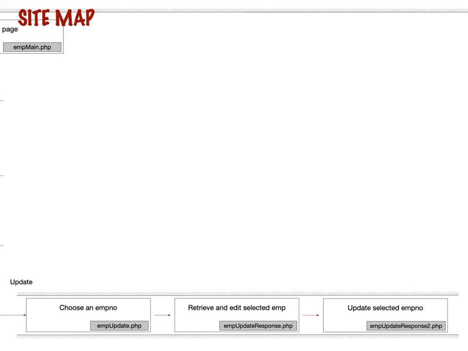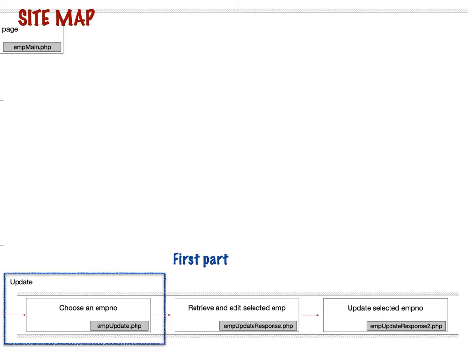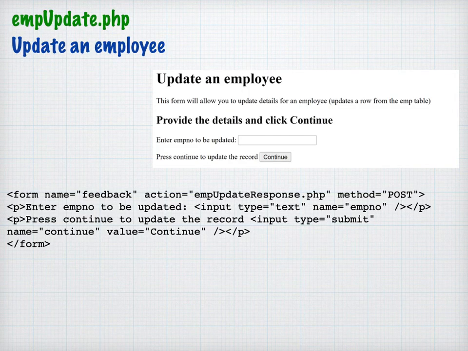So what we're going to do is look at this first one here, which is quite straightforward really. The first one is emp update, and what emp update looks like is this, and it's basically just a form. It's a single text entry box with a continue button, and the notion is that we're going to type a number in here like 220 and you click continue, then that information will be dealt with by the response page.